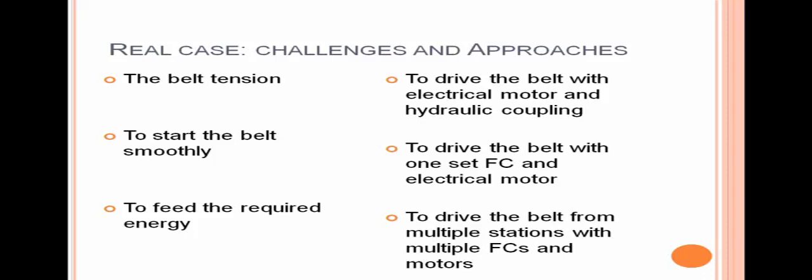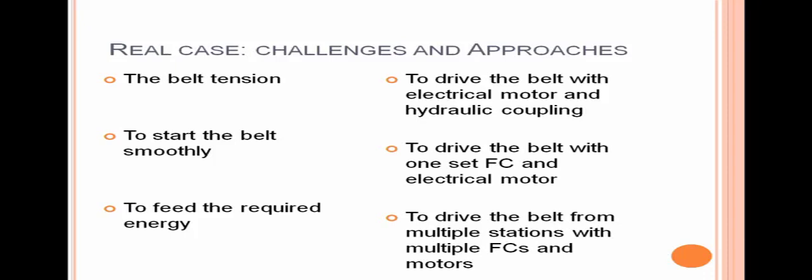Of course, if you can have as many motors and frequency converters as you want for one belt conveyor, you can go beyond 2 stations, and this way you can feed huge belt conveyors which are as long as several kilometers, and you will not be worried that the energy consumed by the belt conveyor is so huge that it cannot be fed to it in just 1 or 2 stations.